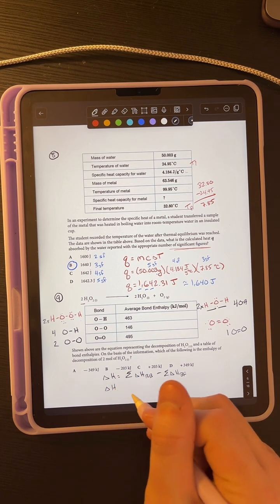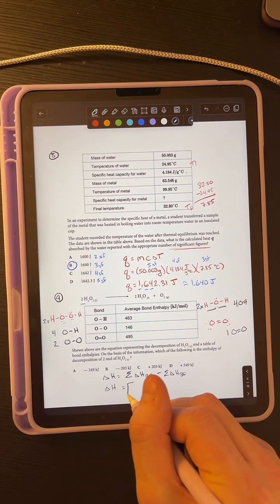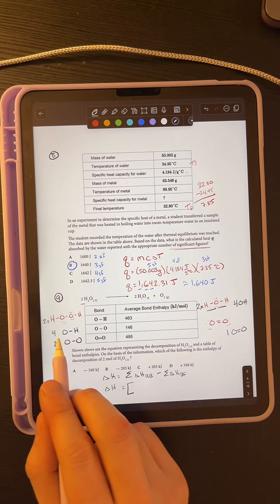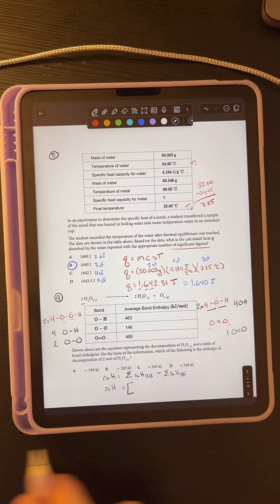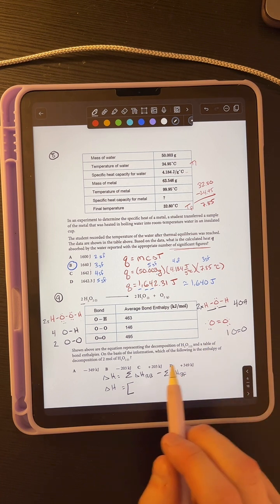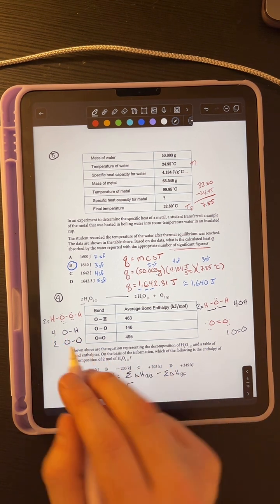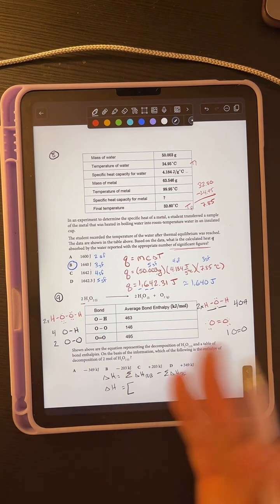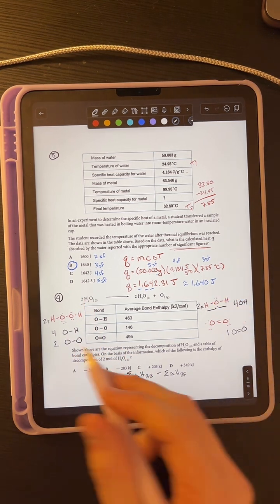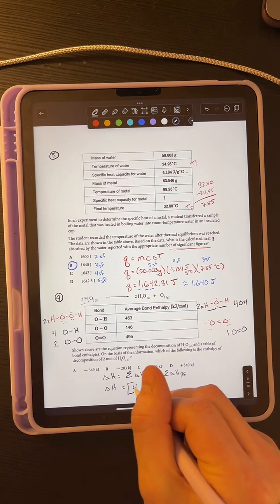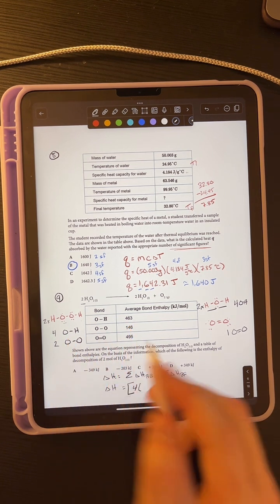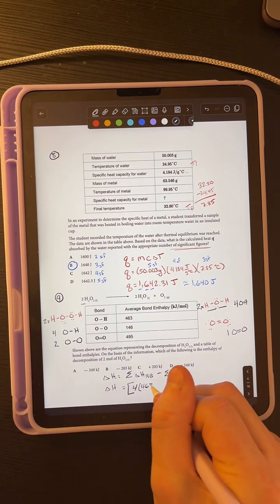Our delta H equals, now I'm going to put brackets around here, bonds broken first. Our reactants are going to break apart to form our products. So for our bonds broken, we have 4 times our OH, which is 463.